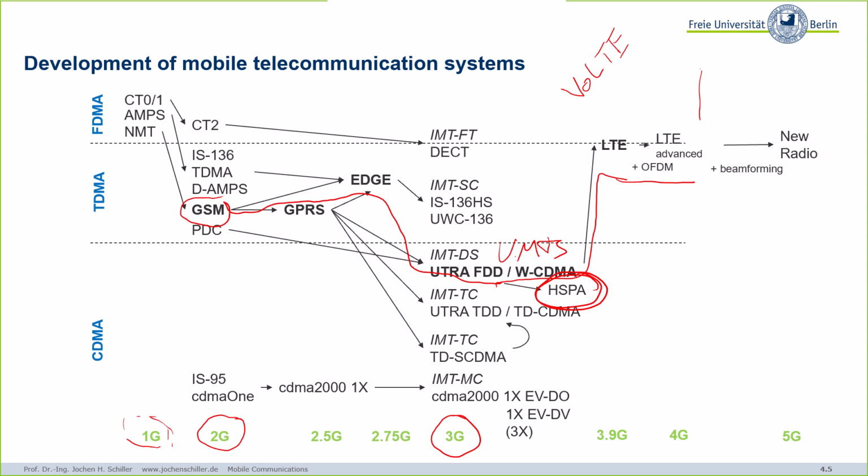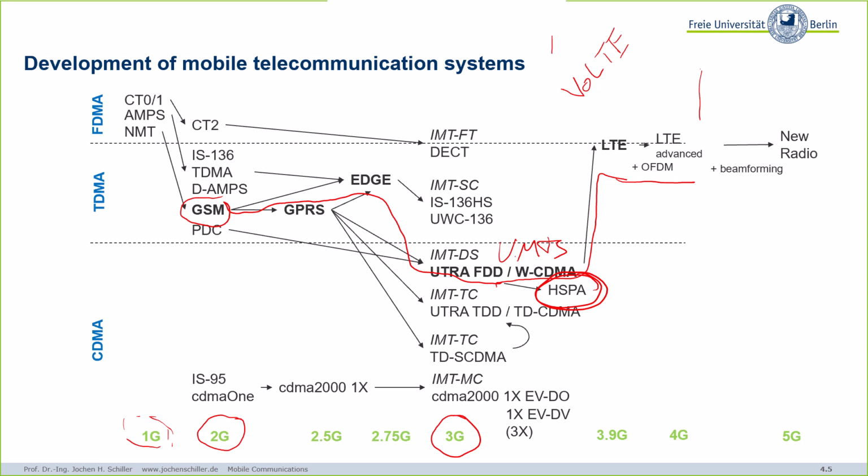That means your voice is transmitted as data packets, IP internet data packets, using the data network of LTE. And as I will explain in the context of LTE, LTE is a packet switched network. There's no circuit switching anymore, no classical telephone network inside.